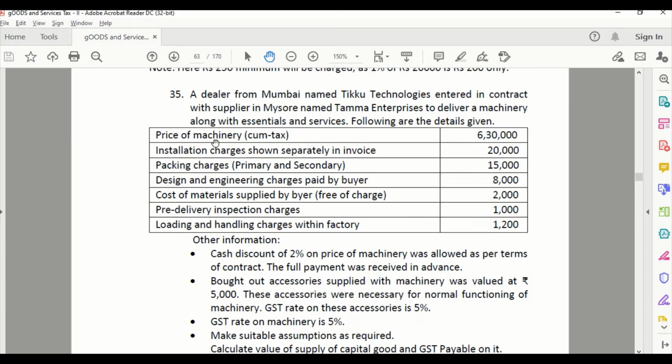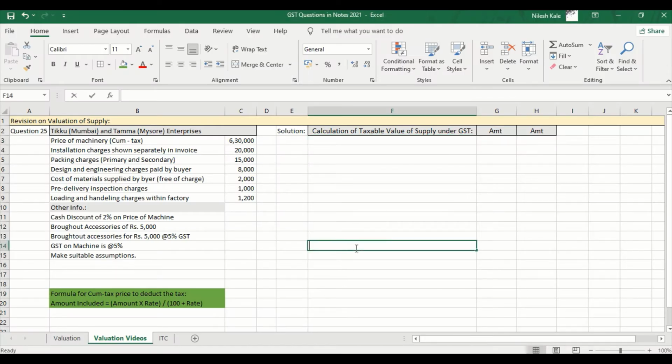Let us read the question. Price of machinery, which is cum tax, means tax is included. And if it is ex tax, it is excluded, right? I will just write it here for your understanding. Cum tax price means tax is included in the price.